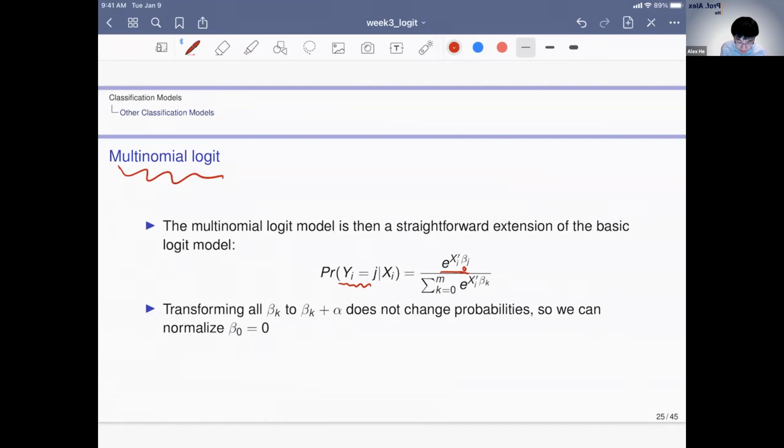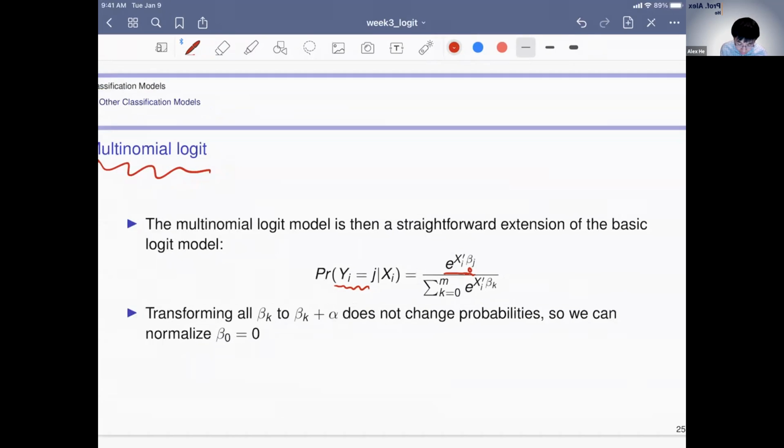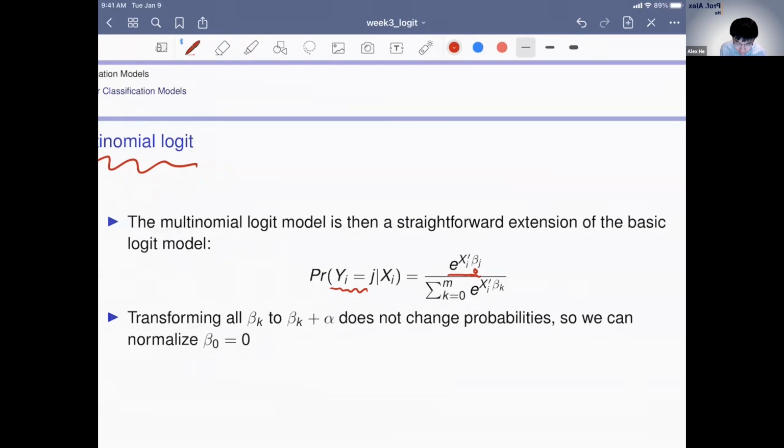And the denominator is the sum of the natural exponential of all the beta x. Each beta corresponds to a category.